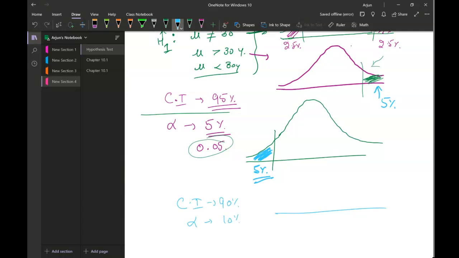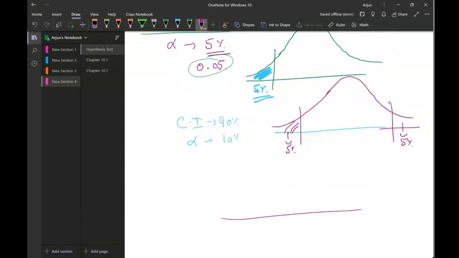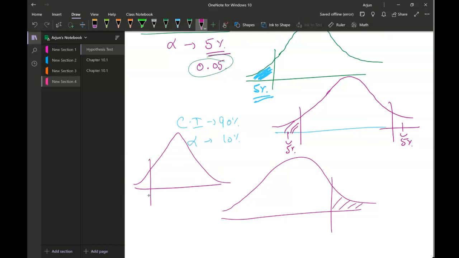If it is divided over the two regions, I will write it as 5% on the right side and 5% on the left side. If it is only a right tail, the whole 10% is on the right hand side. If it is a left tail, the whole 10% is on the left hand side.